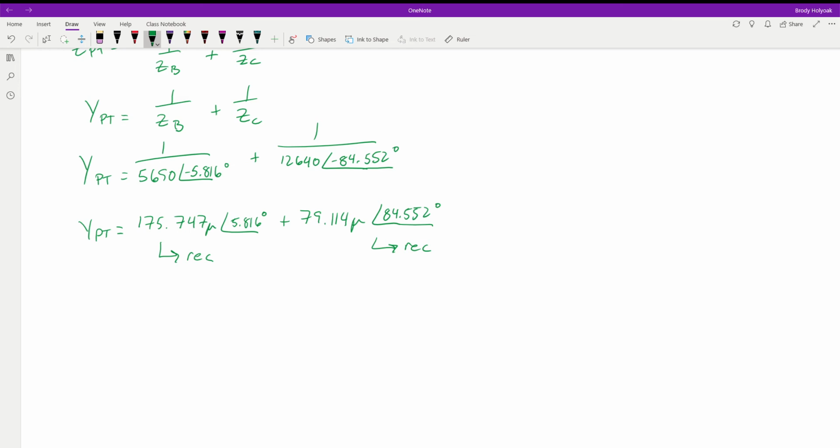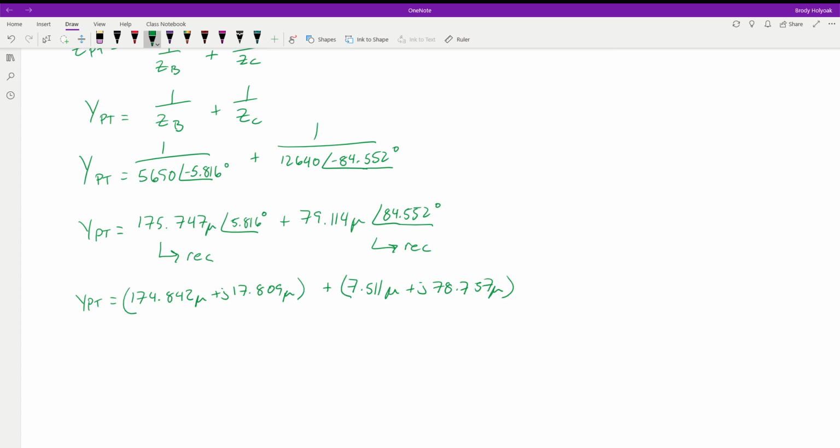So we end up with YPT is equal to 174.842 micro plus j of 17.809 micro, and that is going to be added to 7.511 micro plus j of 78.757 micro.